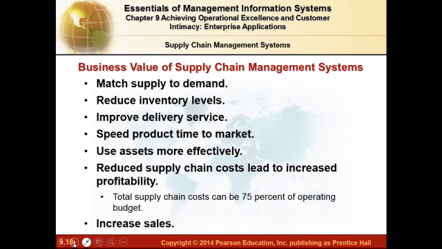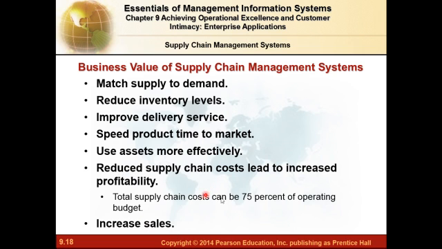Now, business value of supply chain management systems. The benefits of implementing an integrated network supply chain management system include matching supply to demand, reducing inventory levels, improving delivery service, speeding product time to market, using assets more effectively, and reducing supply chain costs, which leads to increased profitability.